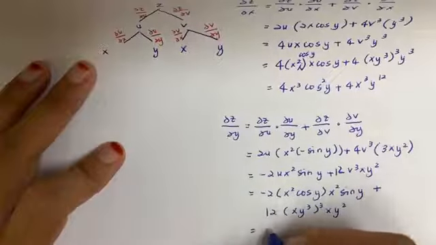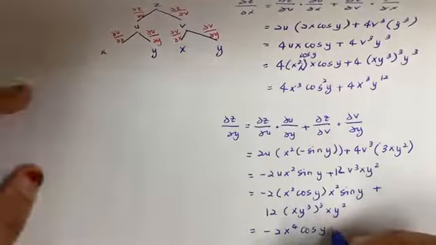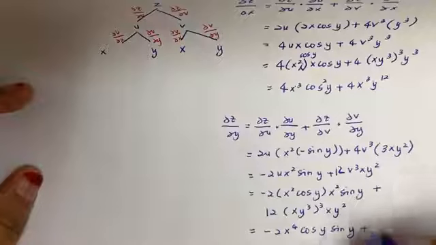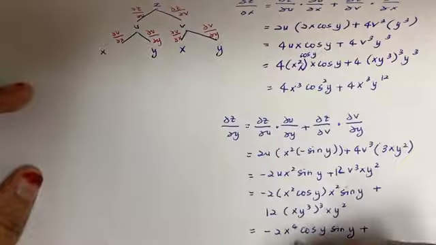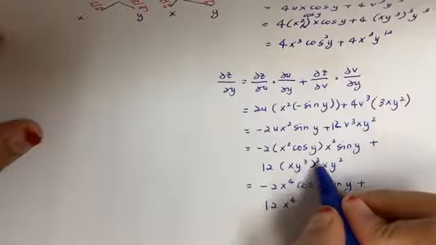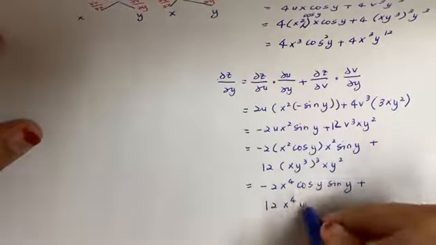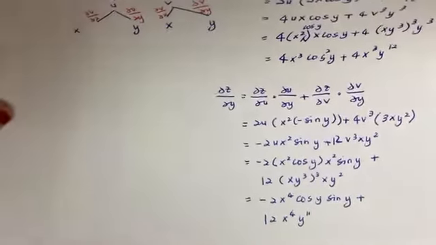So this is minus 2x to the power of 4 cos y sin y, and then plus 12x to the power of 3 multiplied by x, you have x to the power of 4, and then y cubed is y to the power of 9, multiplied by y squared is y to the power of 11. So this is our del z over del y.